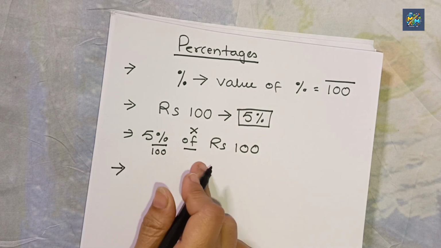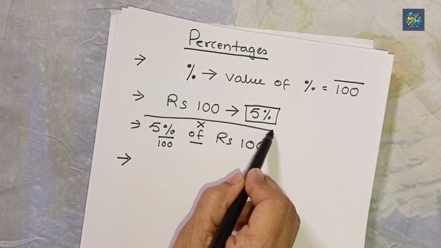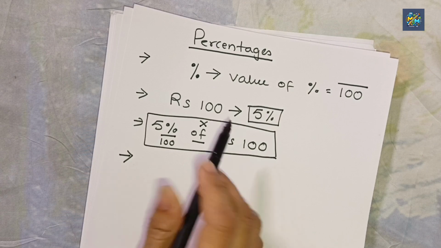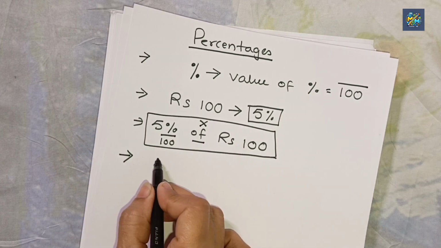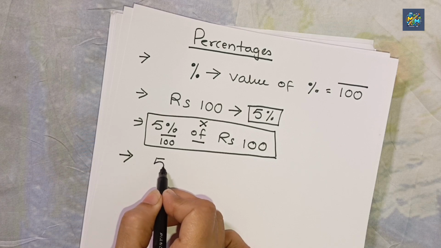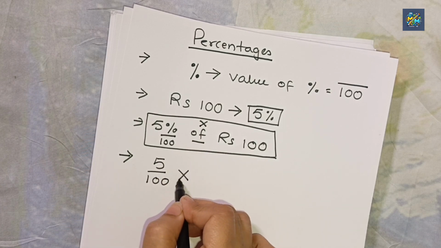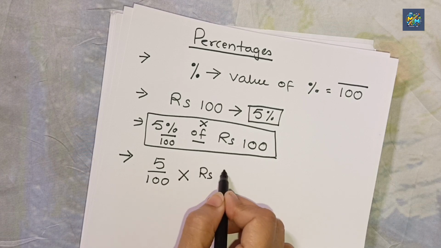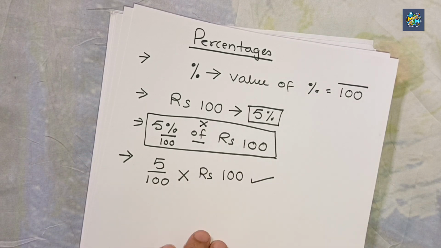So how am I going to solve this? First I'm going to convert the given question into the way I want it, to make it easier. So 5% is going to be 5 upon 100, of is going to be multiply, and rupees 100 is rupees 100. So this is properly done.